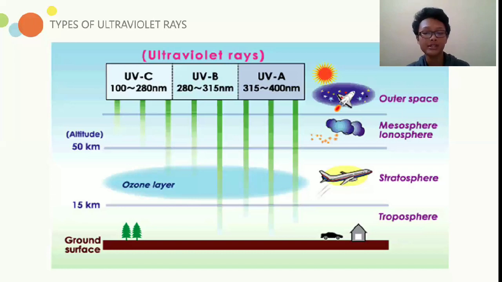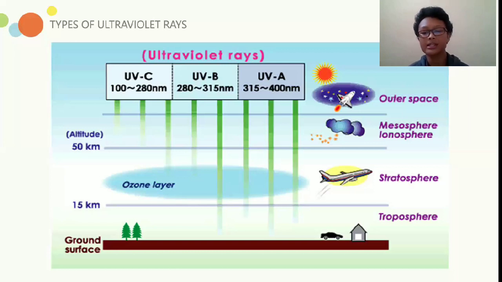And last is UVC. UVC is completely absorbed by ozone. The wavelength is about 280 nanometers to 100 nanometers.